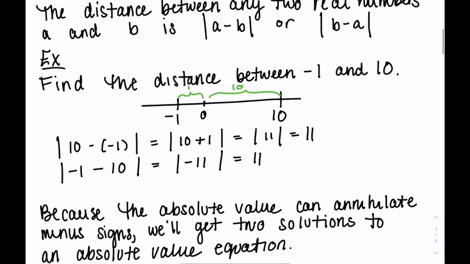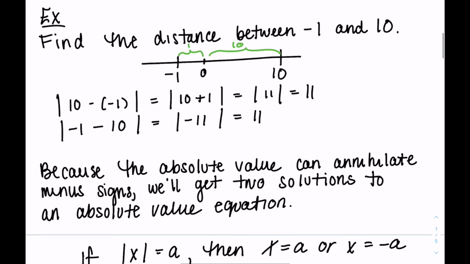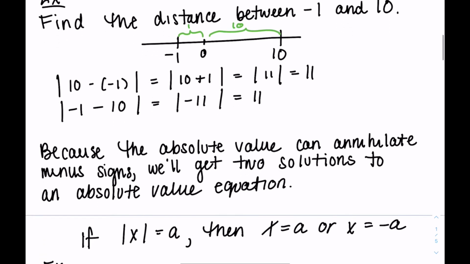So the nice thing is, because you actually have this property that it can annihilate a negative sign, you're going to get two solutions to our absolute value equations. So if you have the absolute value of x is equal to some number a, if the inside is exactly a, you're good. Or if the inside is -a, you're also good.